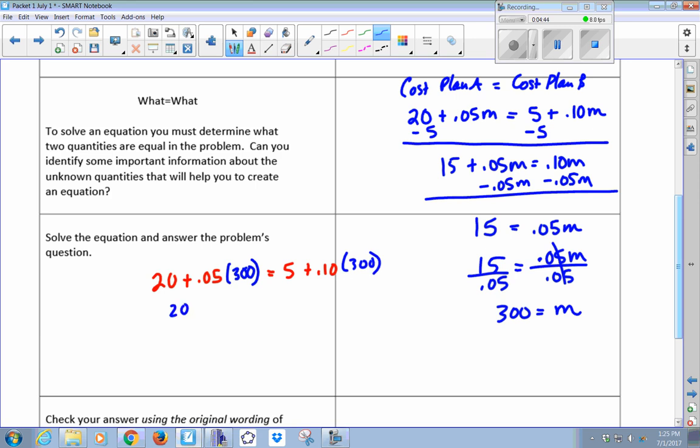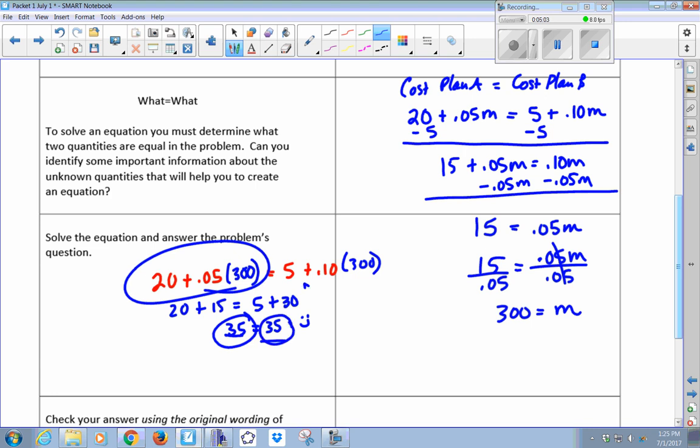So 20 plus 15, does that equal 5 plus 30? 35 equals 35. Now you can actually see the cost for the plan is $35, because 35 represents this expression on the left side, and this 35 represents that expression. And remember, both of these represented the cost of the plan.